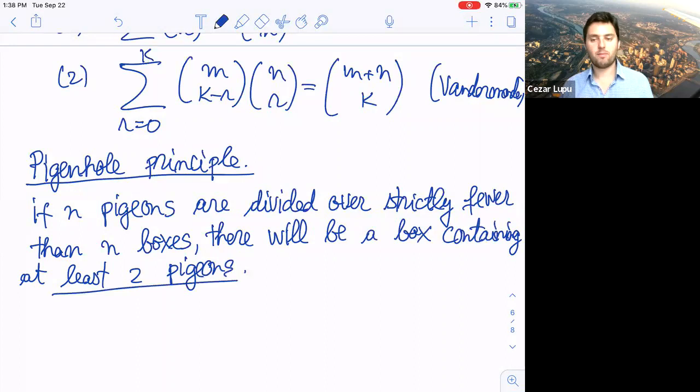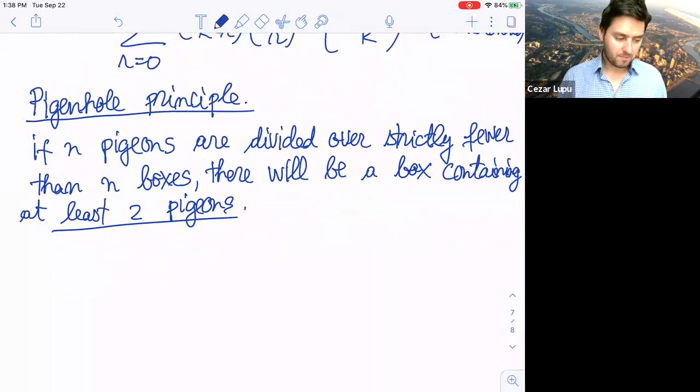That's what it is. Now if we want to put it in a fancy way, let's call this a proposition. Let's write this in a mathematical way. Let's consider 2 finite sets.